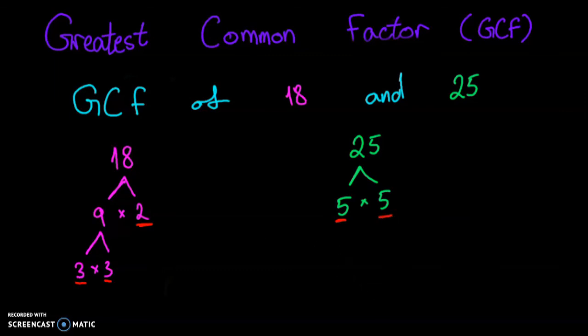Now we take all the numbers that are the same. But there's a problem here. All the numbers are different. So what happens now? Very simple. If all the numbers are different, there is no GCF.